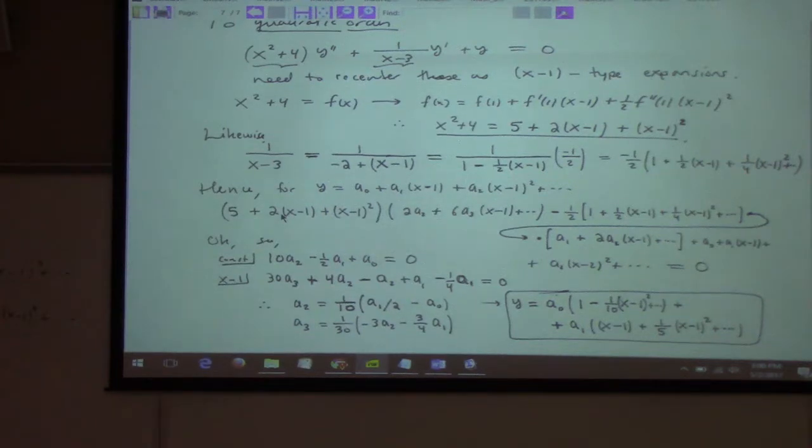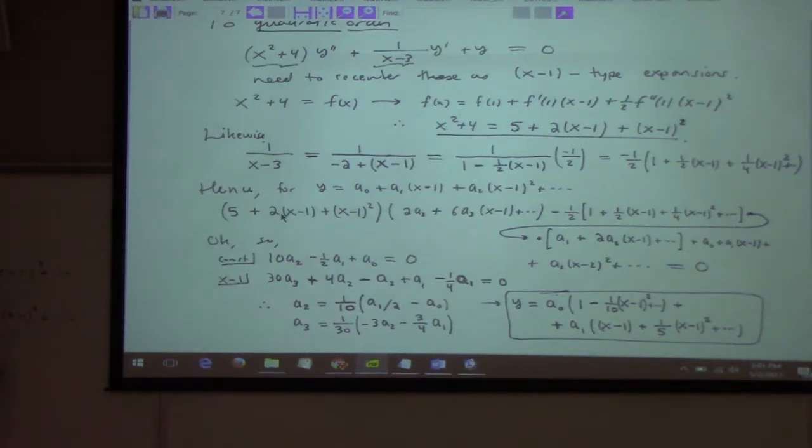So my point is, when we rewrite this expression in terms of just factoring out the a naught, of course we get the 1 that was here, right? But we also pick up from over here minus (x minus 1) squared, and then whatever else happens.